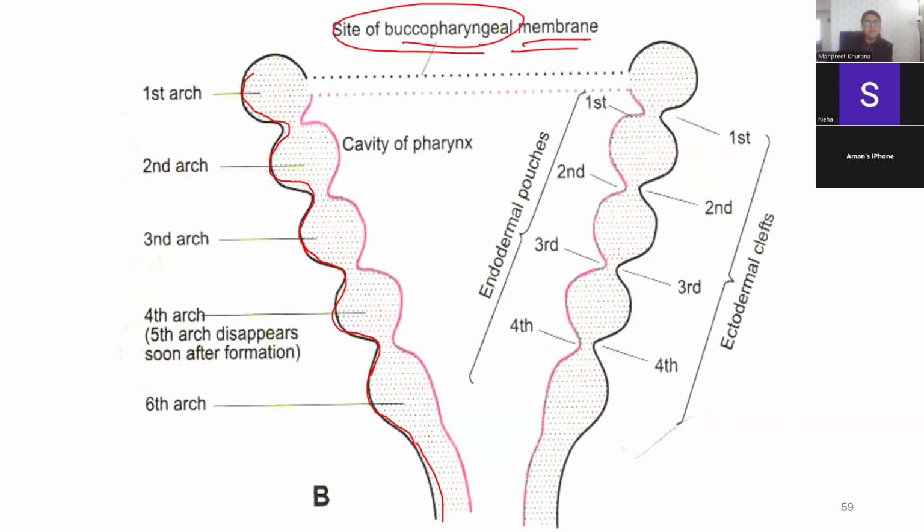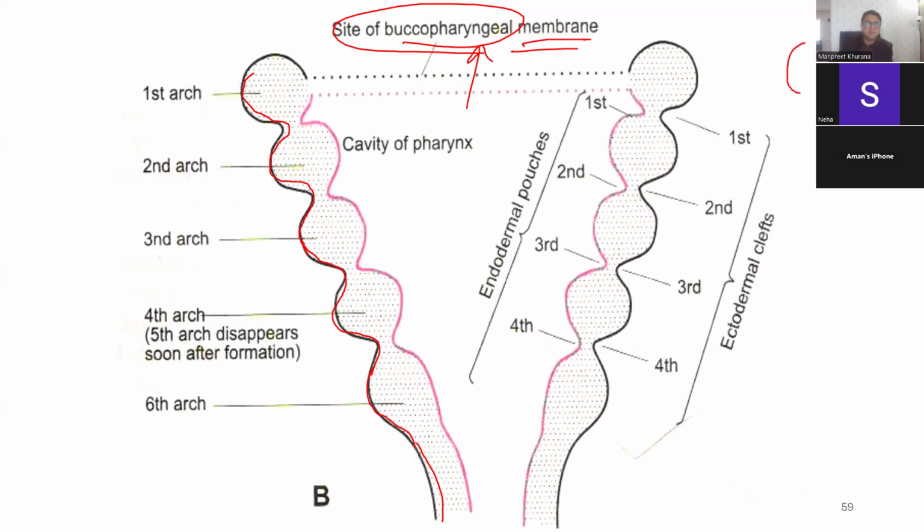Can you tell me buccopharyngeal membrane is formed of which two layers? I'll give you a hint.